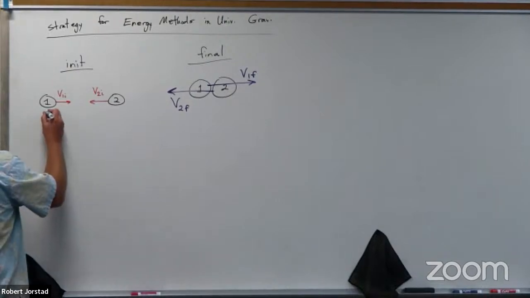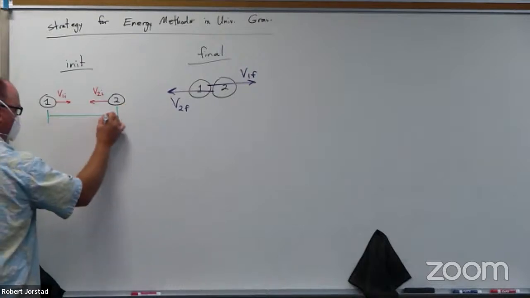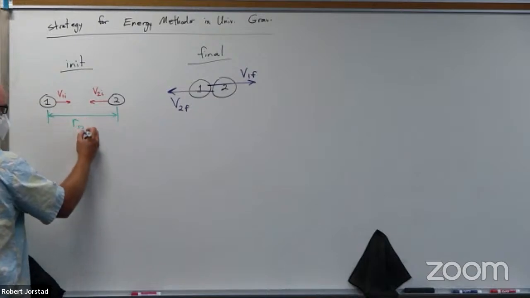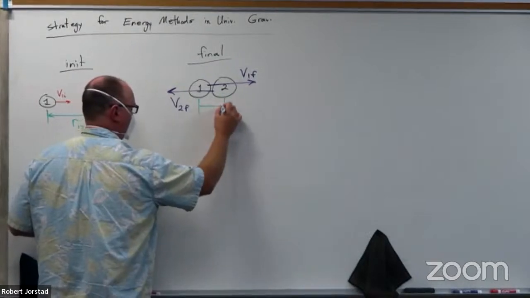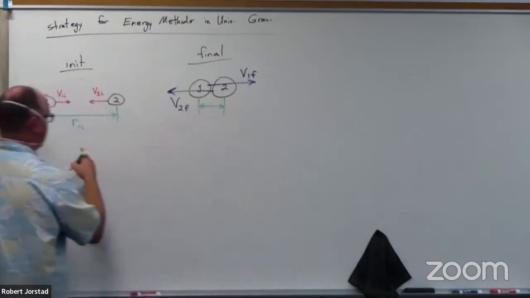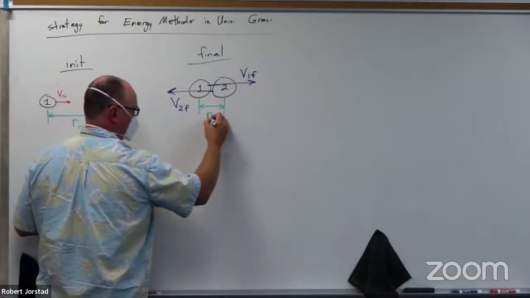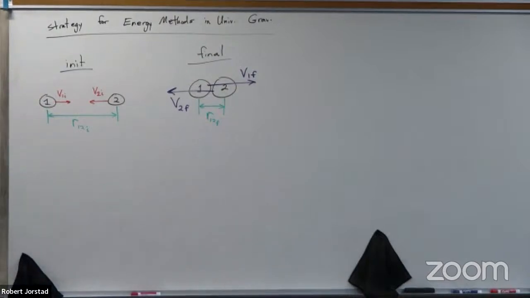From experience, you know that the center to center distance matters. But it's not the same. So maybe we should say r_12 initial and r_12 final. You know what I'm saying? The center to center distance, initial and final, matter.